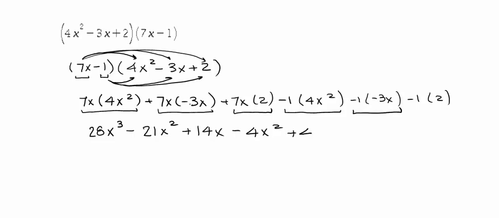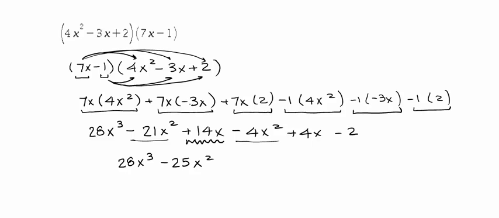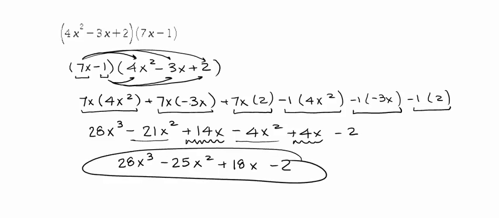I have a plus 4x. And a minus 2. So I have 28x cubed. Then I have a negative 21x squared minus 4x squared gives me a minus 25x squared. I have a 14x plus 4x gives me a plus 18x. And again, I have a minus 2 at the end. So that's my answer.